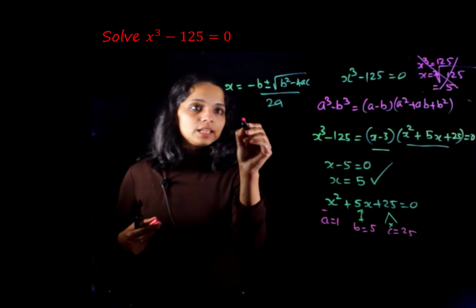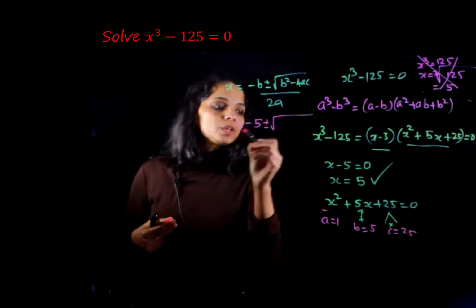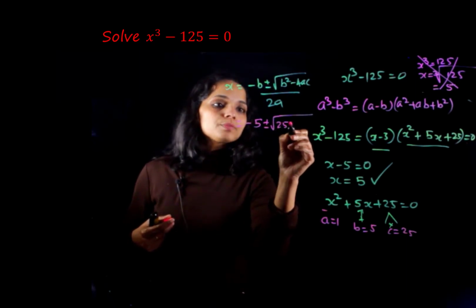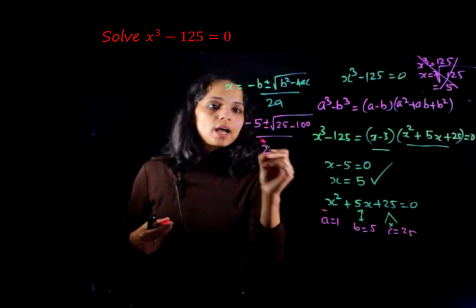So a is 1, b is the coefficient of x, which is 5, and c is 25. Using that here, minus b is minus 5, plus or minus root of b squared, which is 25, minus 4ac, which is minus 100, on 2a, which is 2.